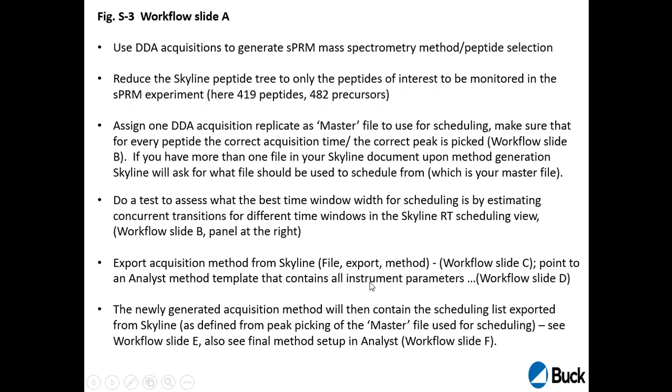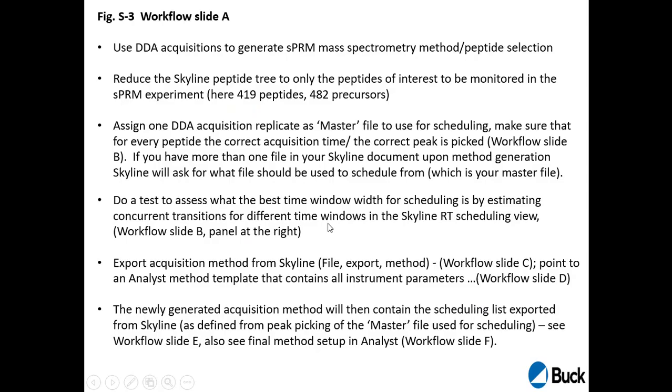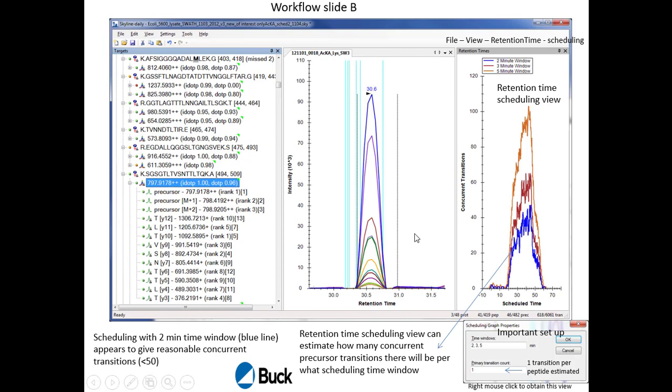Actually, maybe I should switch to the next slide. We have one acquisition that is our master acquisition that has the retention times that we want, and then we can schedule. Actually, now with the scheduling, it got so much easier because of iRT, really, right? Basically you export a list of your precursor ions that you're interested in.